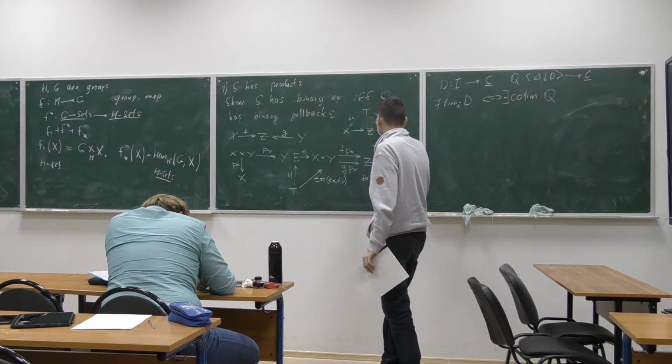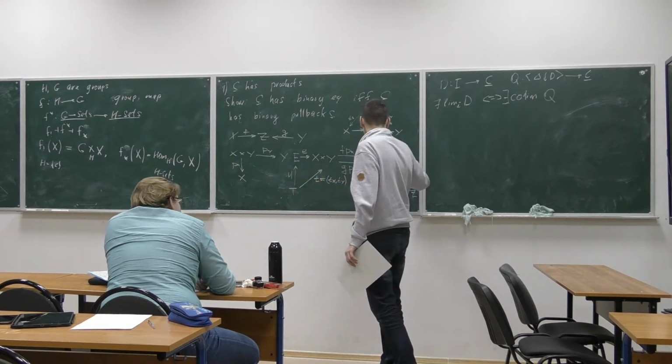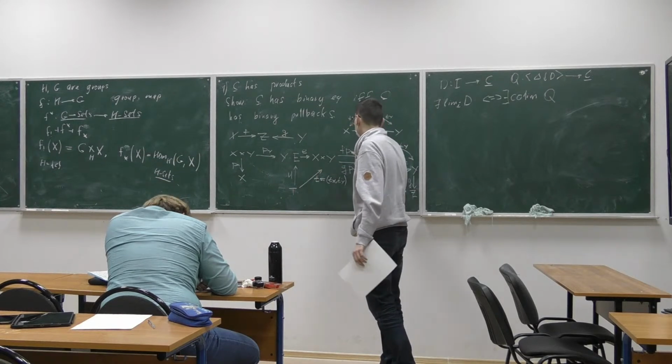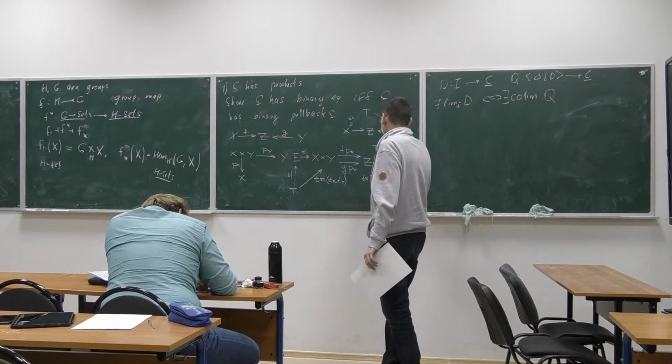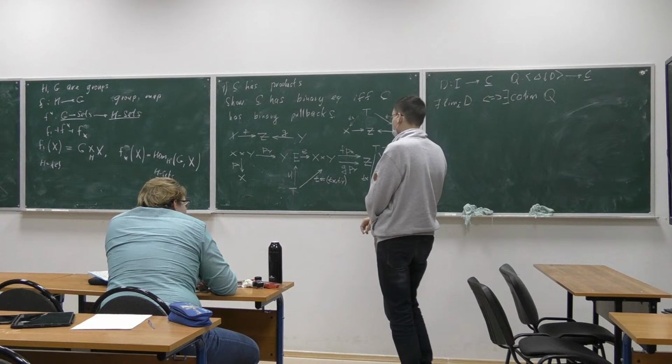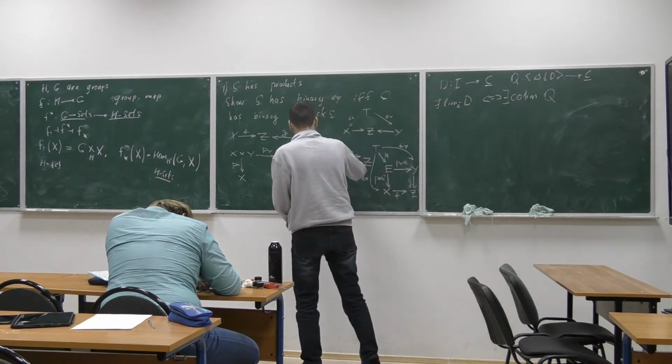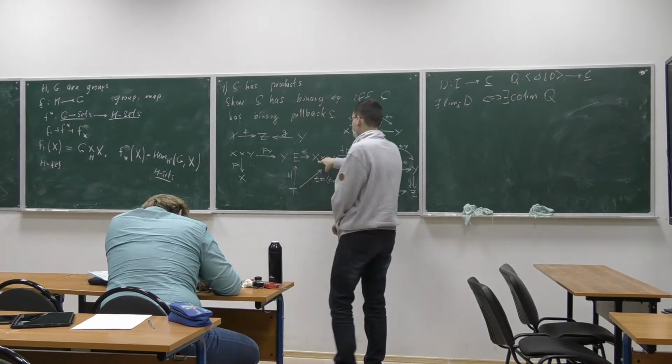And so the composition with the projection to X is dx, because I can consider projections from this product to X and Y.